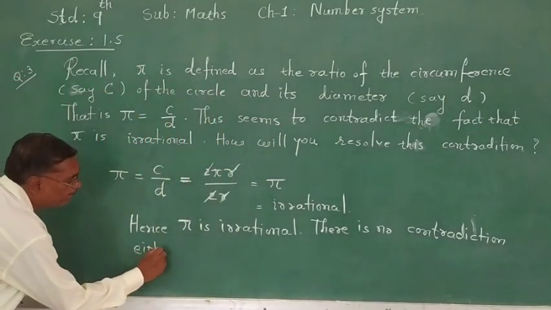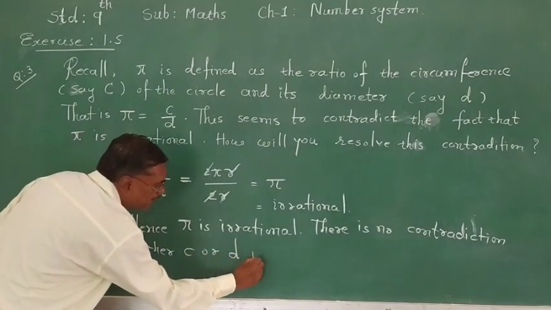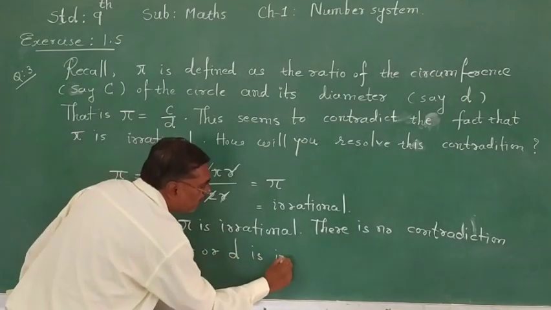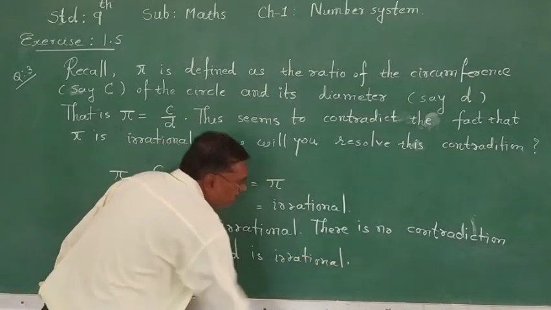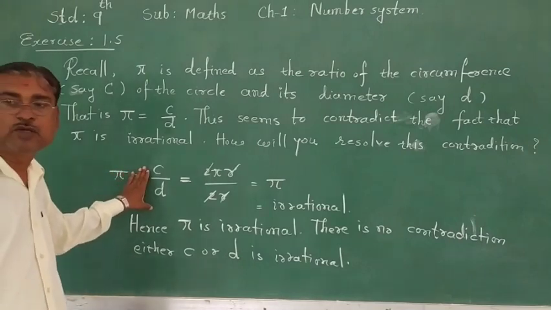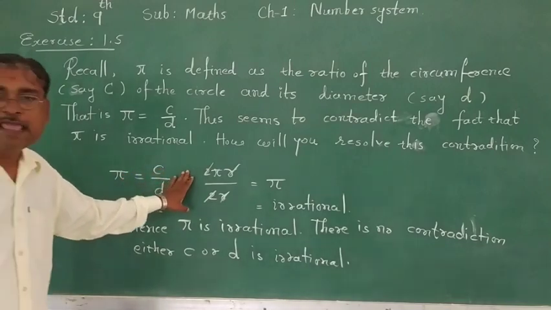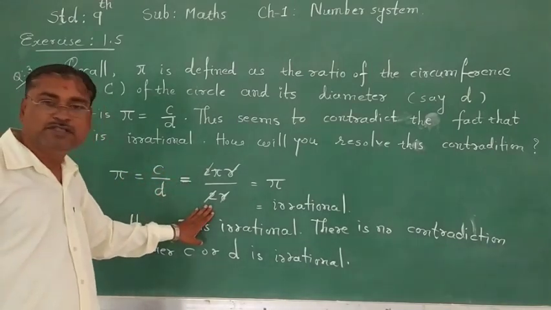Either C or D is irrational. Understand once again. Pi is defined as the circumference of the circle, 2 pi r, over D, the diameter of the circle.